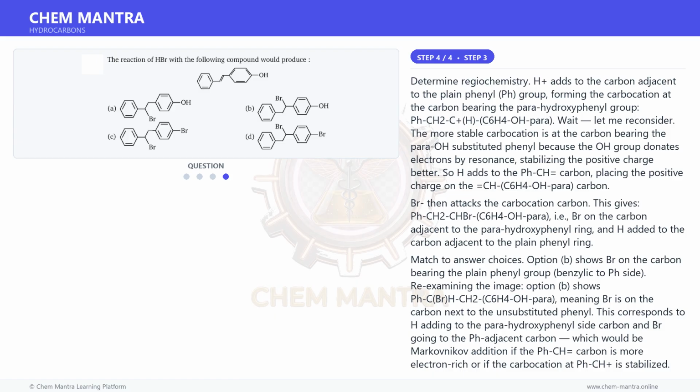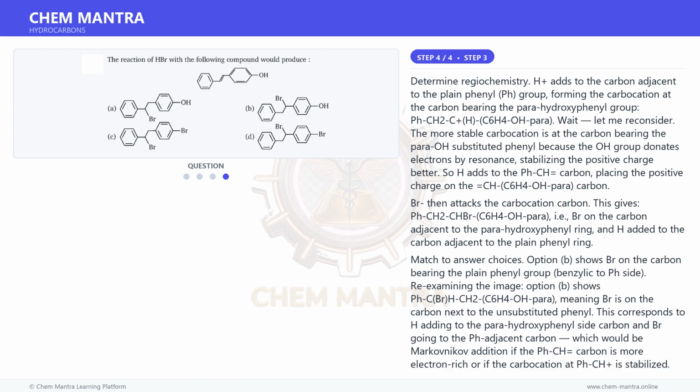The para group makes the other carbon's carbocation more stable, so actually Br should be on the para-phenyl carbon side. However, the given answer is B, suggesting Br ends up on the carbon adjacent to the unsubstituted Ph. This is consistent with the para ring being electron-rich.